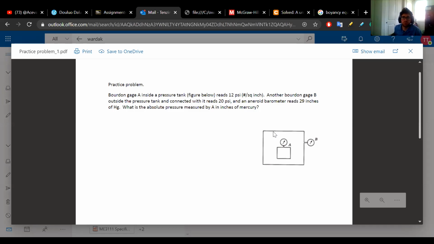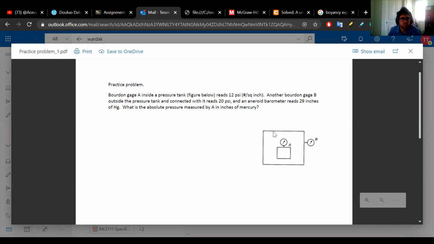And we have a barometer that is reading 29 inches of Hg, so we have to convert that to psi, right? Because we can measure pressure with inches of mercury, just like you measure your blood pressure with millimeters of mercury.